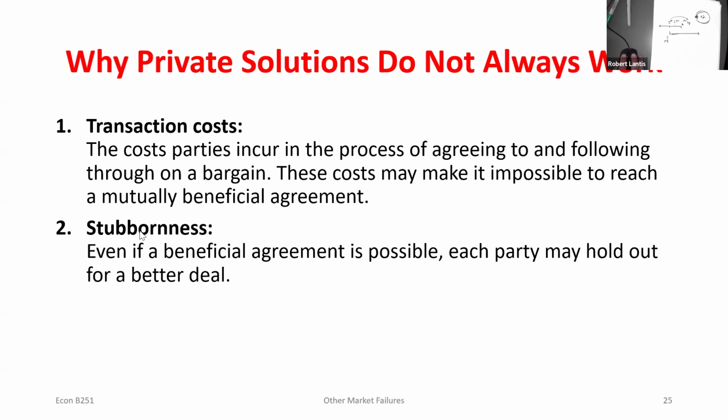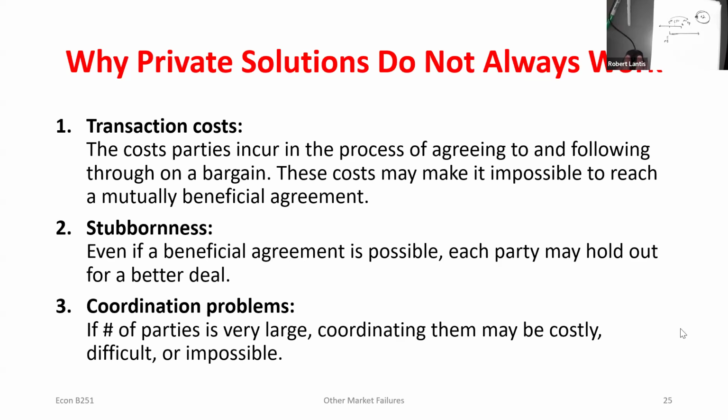Now, usually it's not infinite, right? But stubbornness can increase the amount of money that would have to be offered in order for that person to come to an agreement. So transaction costs, stubbornness, and then something we won't really dive into in this class. If you have anything more than these simple 2-person agreements, like you've got hundreds of people involved, then you have to come up with some type of agreement. You have coordination problems, right?